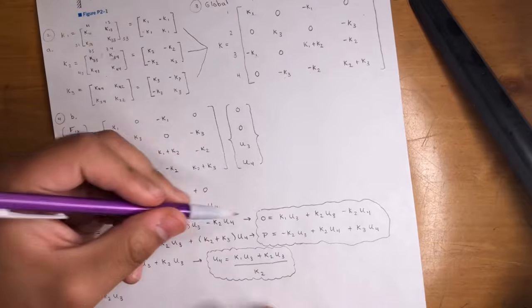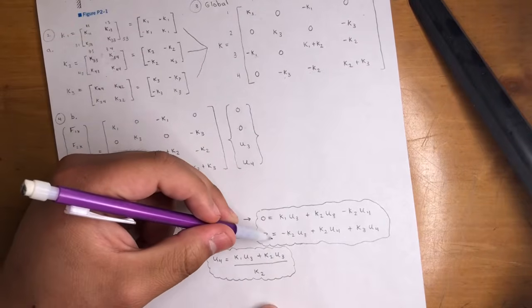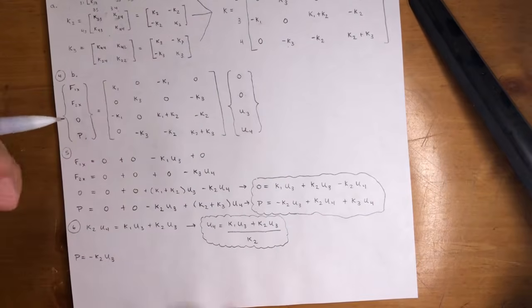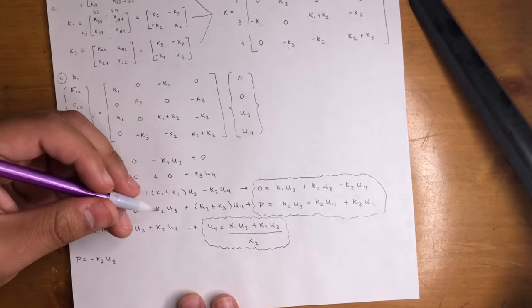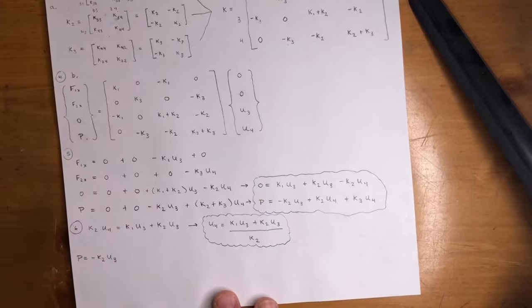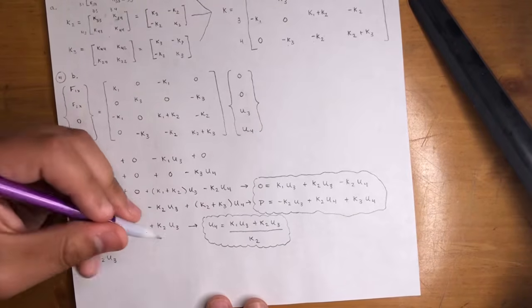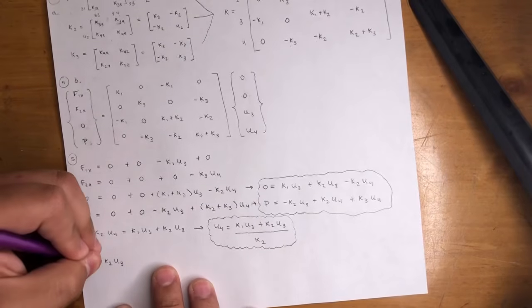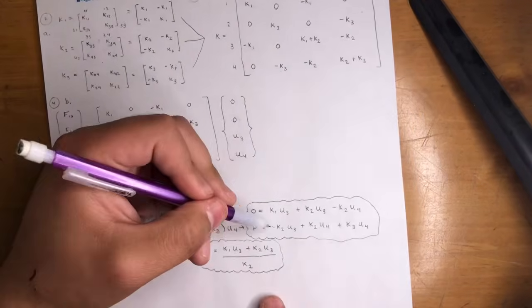Again, my bad. Now we got to solve for this U4, and then we set those two U4s equal to each other. That should give us, we could solve for U3 after that because we canceled all the U4s. Oh, I didn't move it. It became a plus if you move it to the other side.